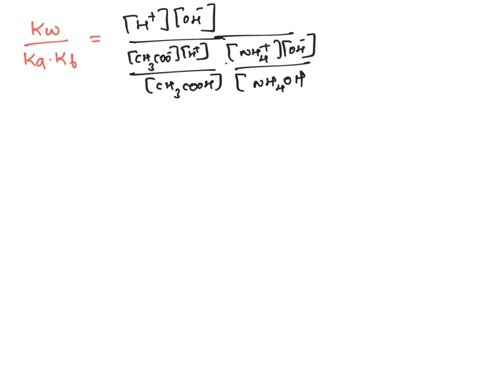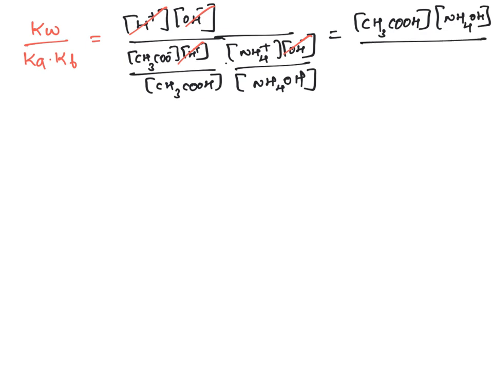Let's cancel common terms. I can cancel H plus and OH minus. This entire expression I can rearrange in this fashion. So here acetate ion is left and NH4 plus is left.